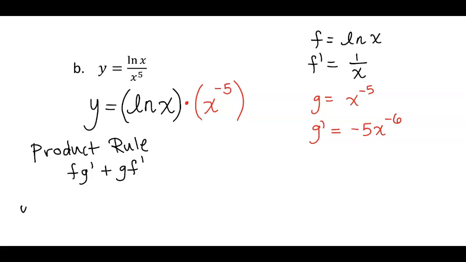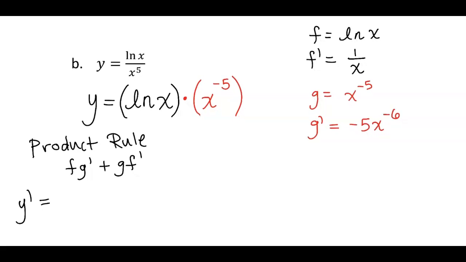So what is our final answer, y prime? And we're going to have to simplify this a little bit too. But let's start with first. First is natural log of x. So I'll say natural log of x times, what are we multiplying that by?